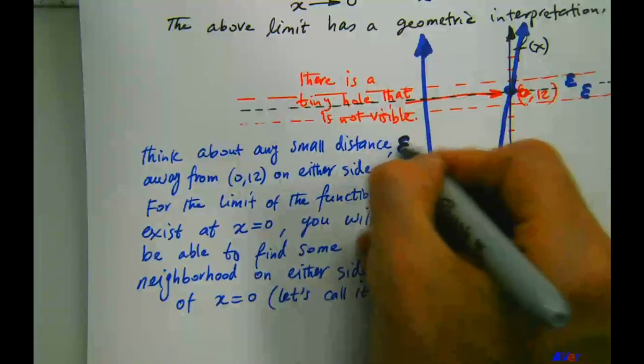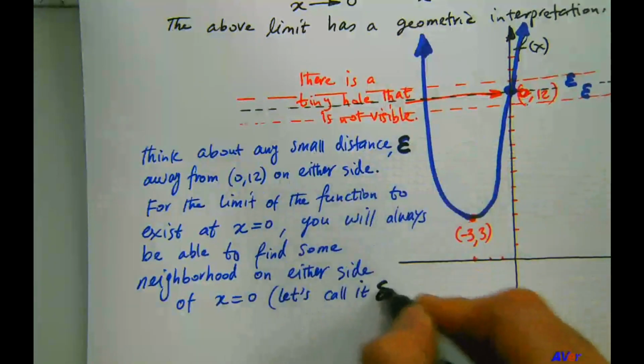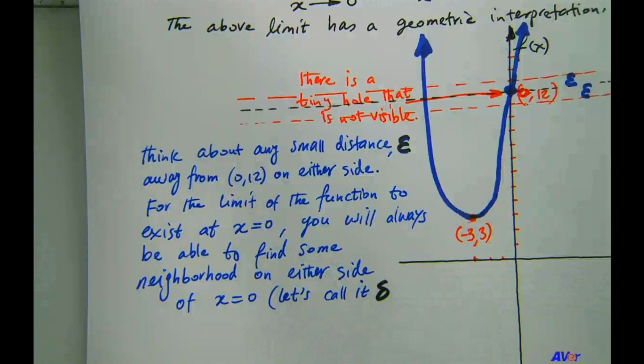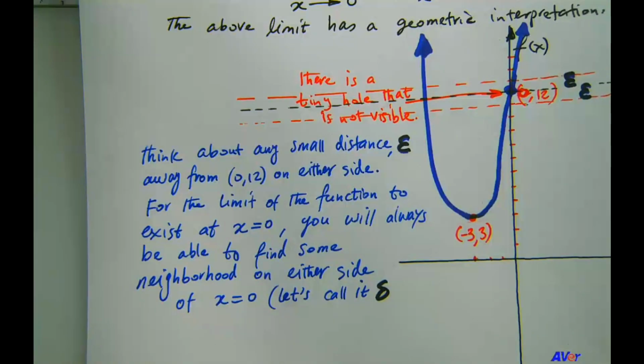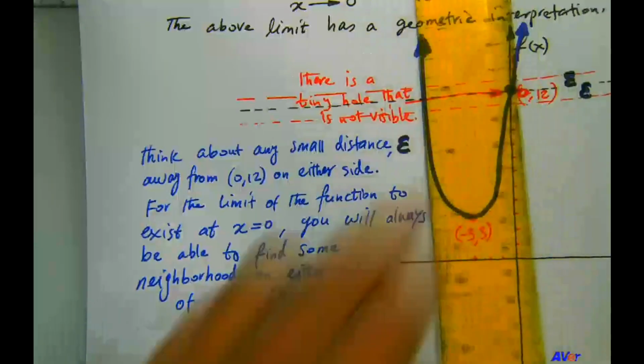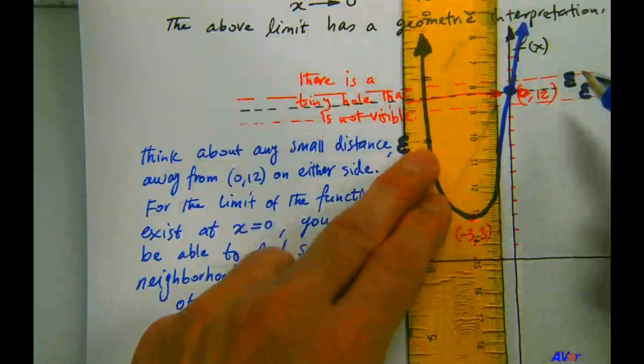So if this is epsilon, let's call this delta. And this is epsilon, and this is delta. Let me draw this on either side of x equals 0.